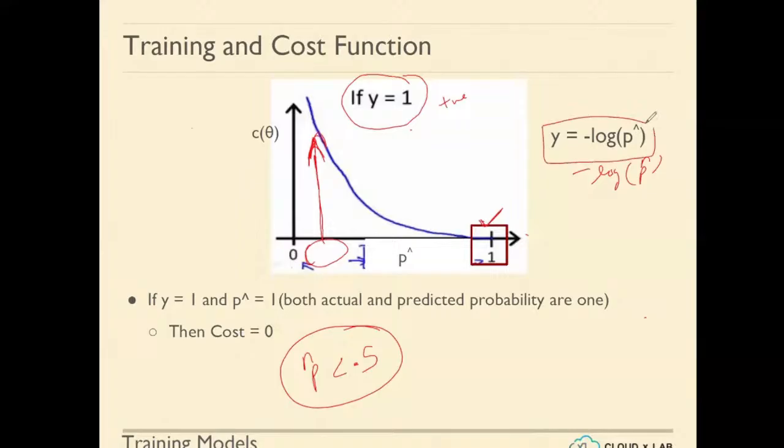Because this term we are taking as a cost function, right? In fact, let's say this p hat is 1, which means with very high confidence the model is saying the class is positive. So for that, this cost function value will become perfectly 0, because log 1 is 0, right?